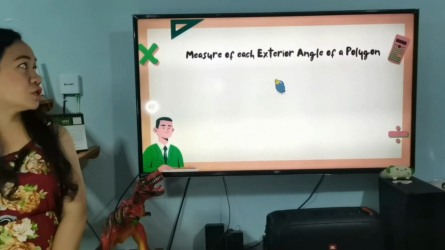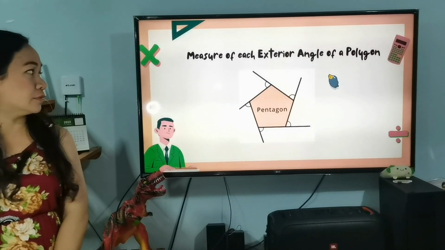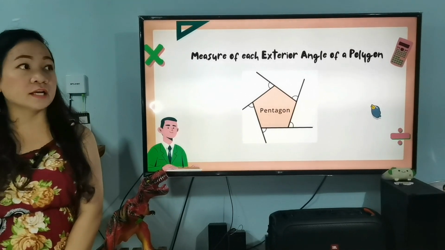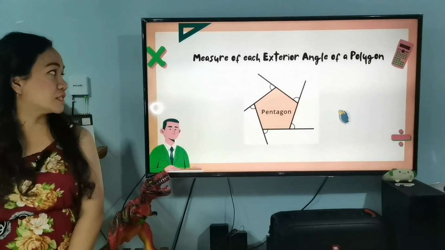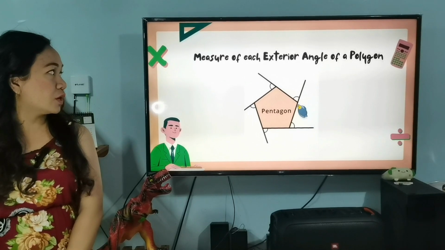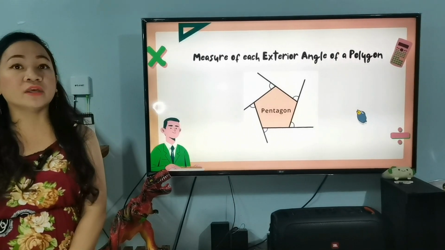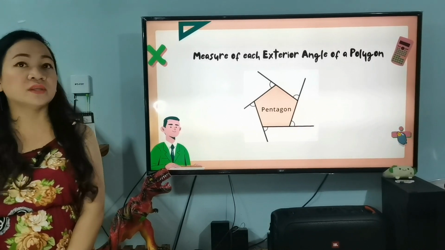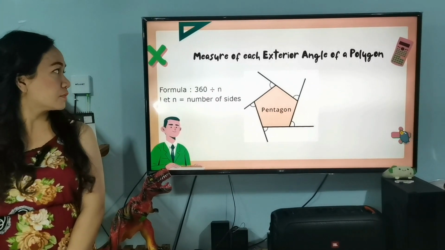Now, the measure of each exterior angle of a polygon. We have here the figure for the pentagon, and the pentagon means 5 sides. As you can see, if you extend all the sides, you have the angles formed outside. Those are the exterior angles.